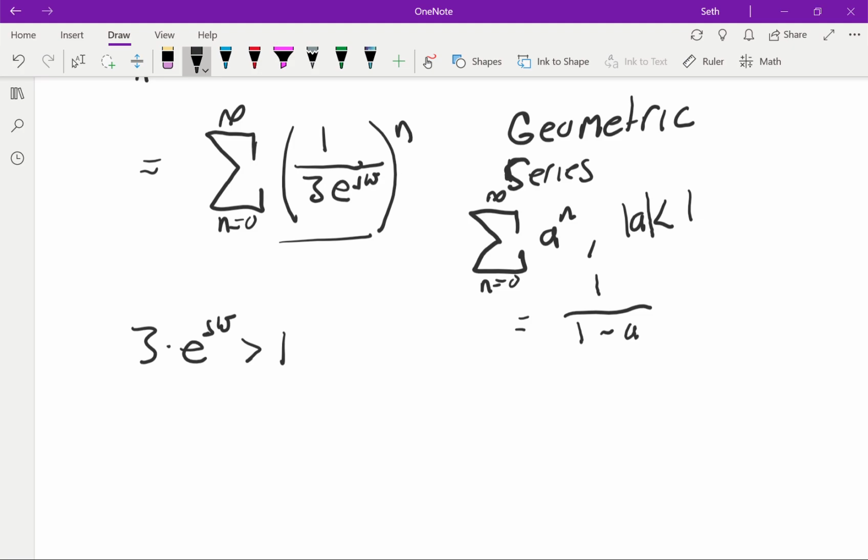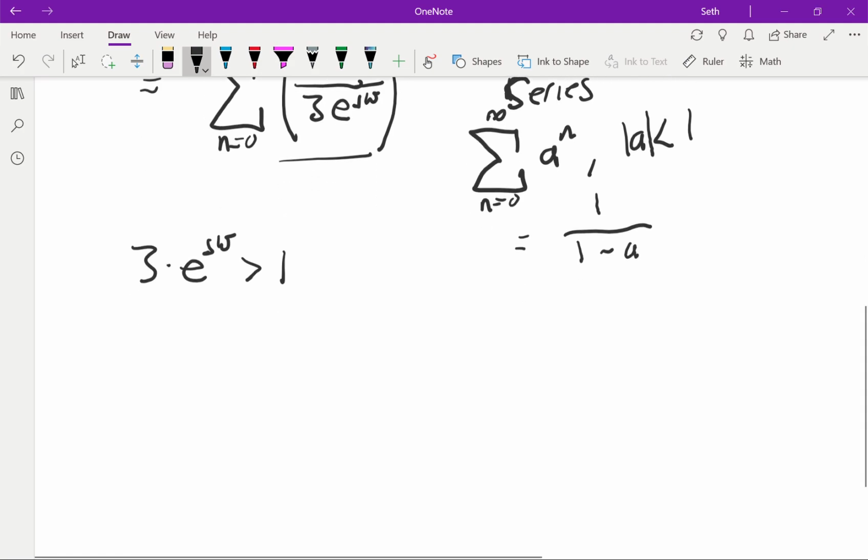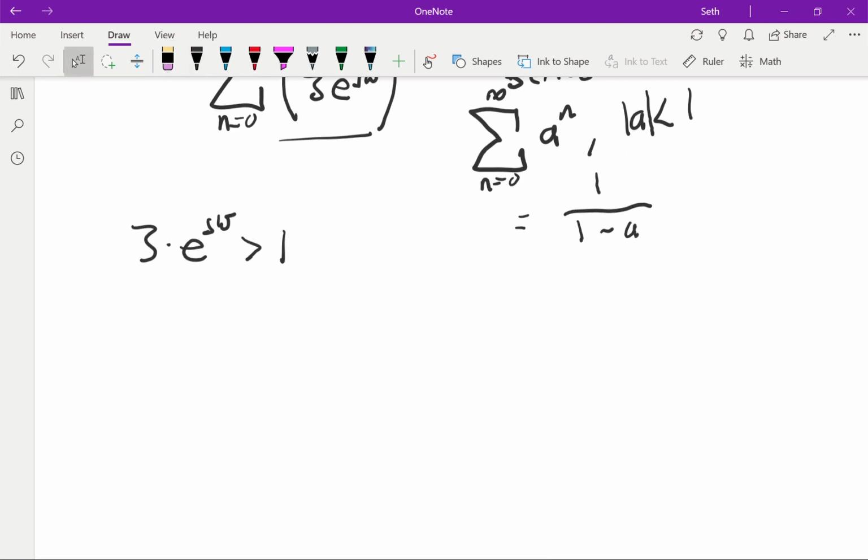You can plug in values of omega and you'll see that's true. Even if this exponential resolves to be some decimal number, the 3 is large enough to overcome that, and it will always be greater than 1.